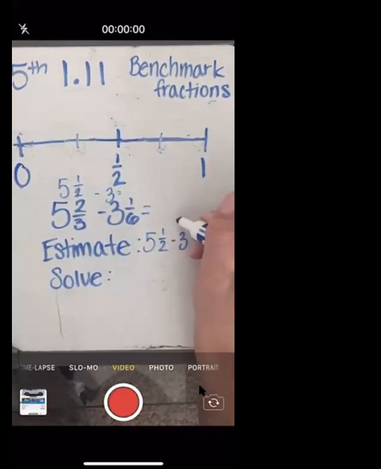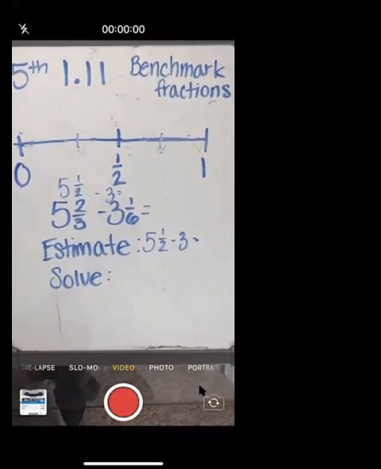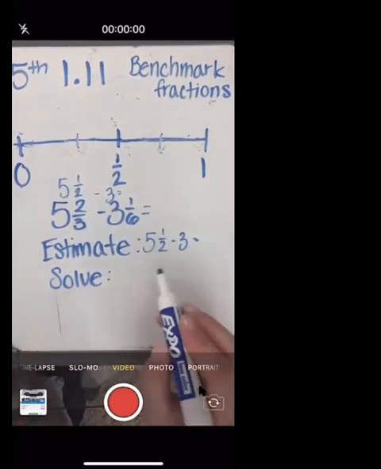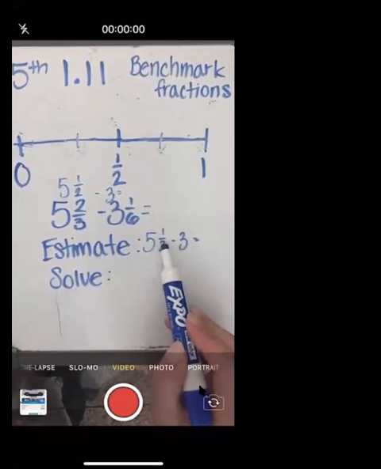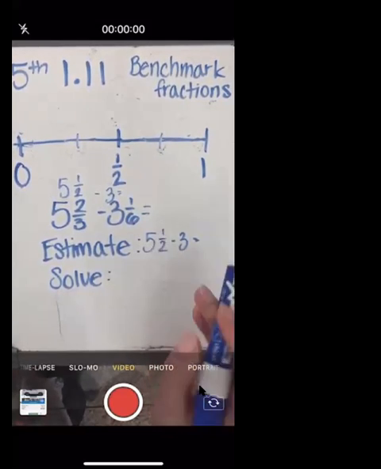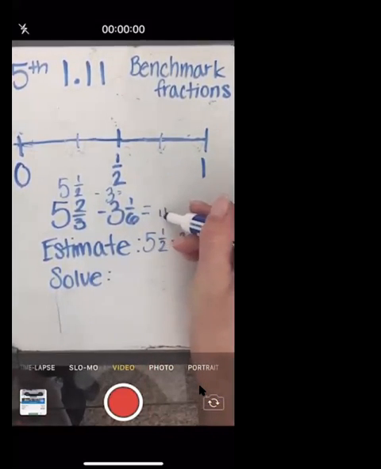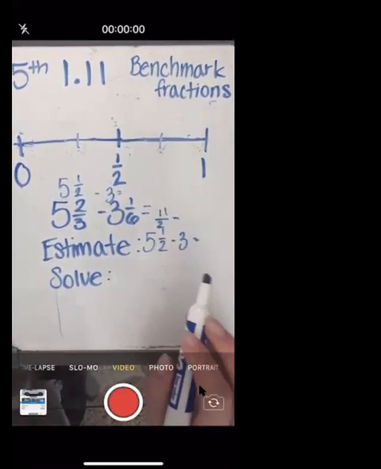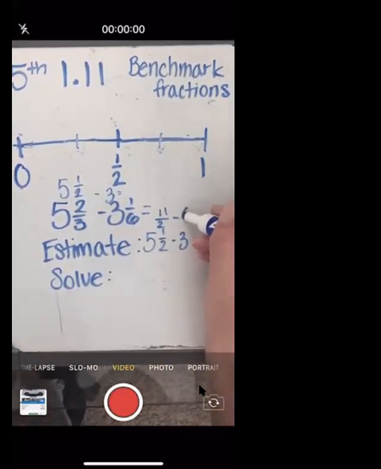Okay, so let's do this. Do you want to change it into halves? Would that help you? Yeah. Okay, so how would you do that? Remember, 5 times 2 is 10. Add one more, you're at 11. 11 halves minus 3, 6 halves.